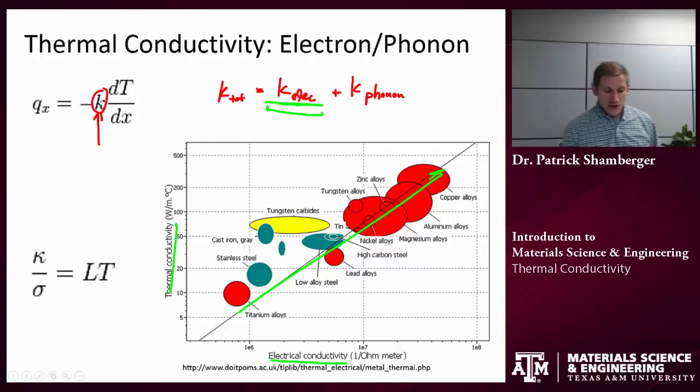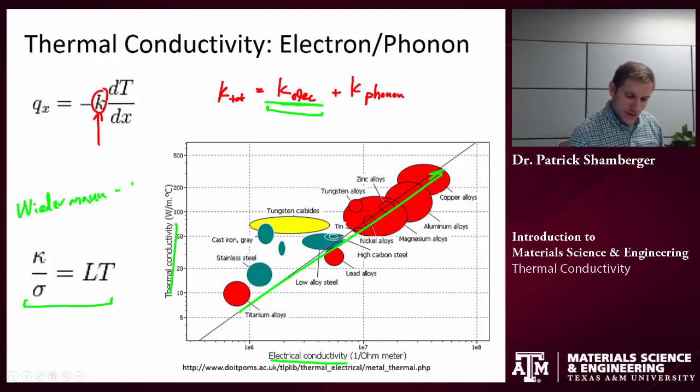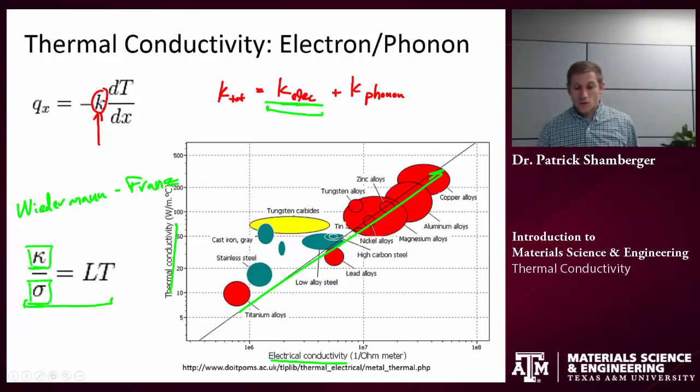And so the gentlemen who discovered this relationship got it named after them, essentially. So this is what we call the Wiedemann-Franz relationship. And basically it says that thermal conductivity and electrical conductivity are roughly proportional to each other.